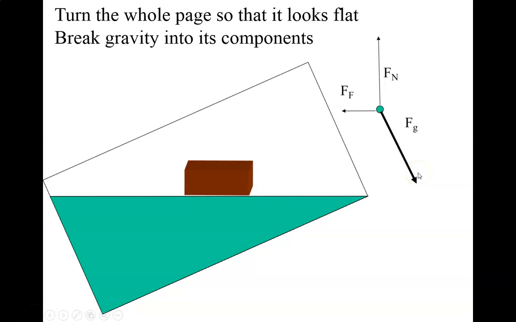Now we're going to break gravity up into its components. Even though that's counterintuitive because gravity was straight down, we've changed the x-axis, so now it's down the ramp, and you'll see why in a second. When you draw this, gravity should be your hypotenuse.